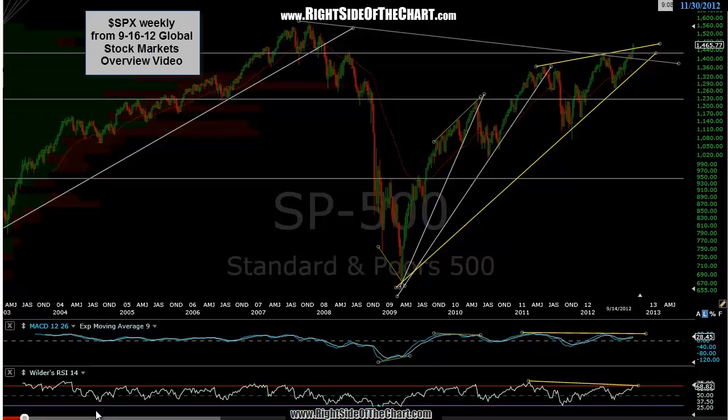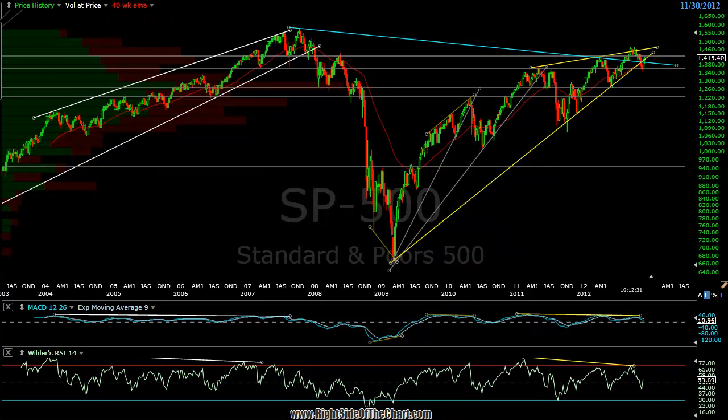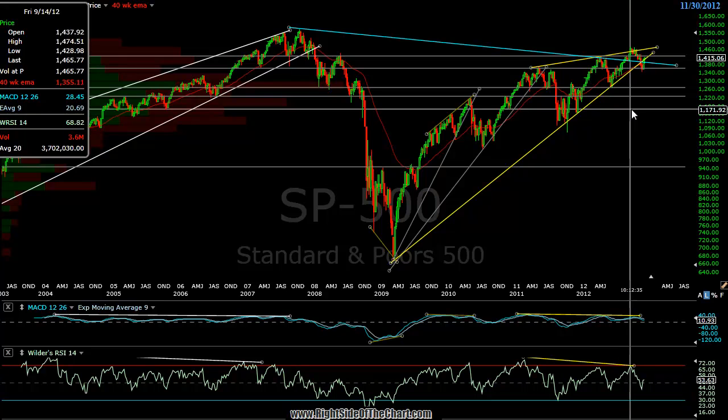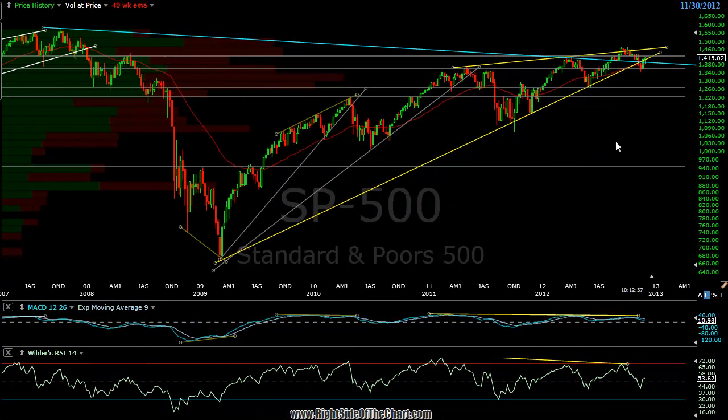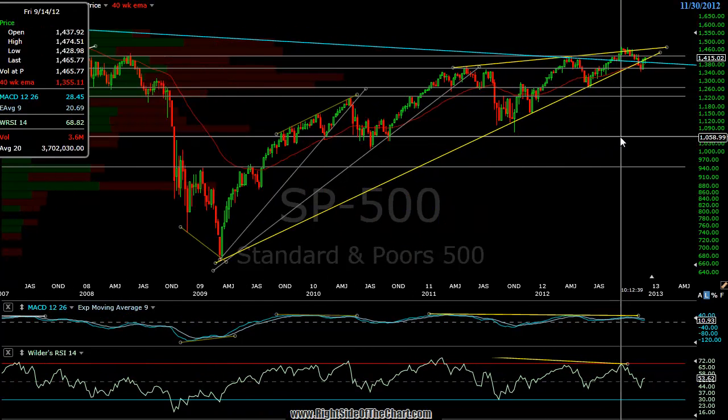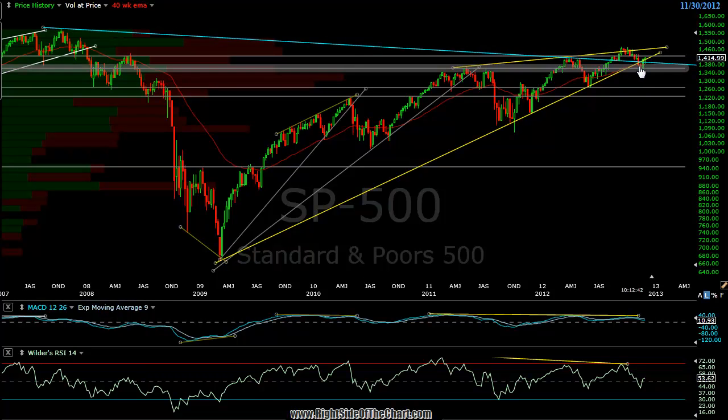And of course, if we take a look at what's happened since, I'll put the horizontal line. We can zoom in a bit here. This is when that video was taken, and as you can see, as we all know, we had a considerable move down from that point.